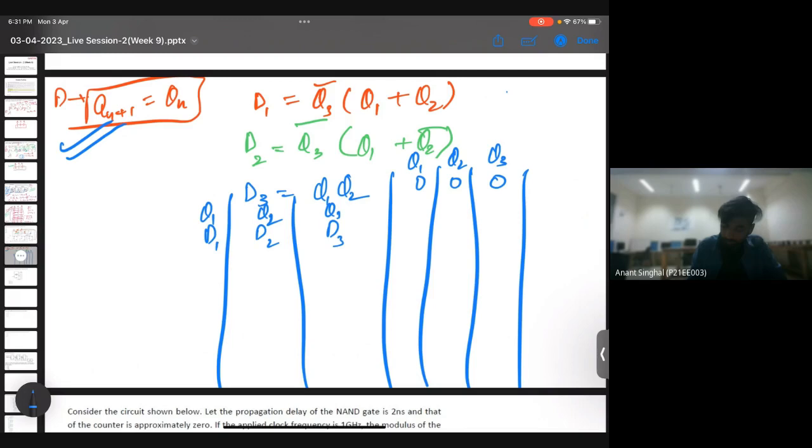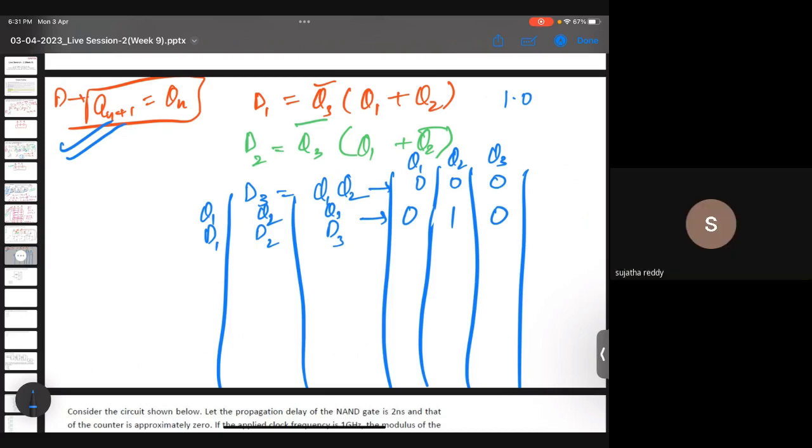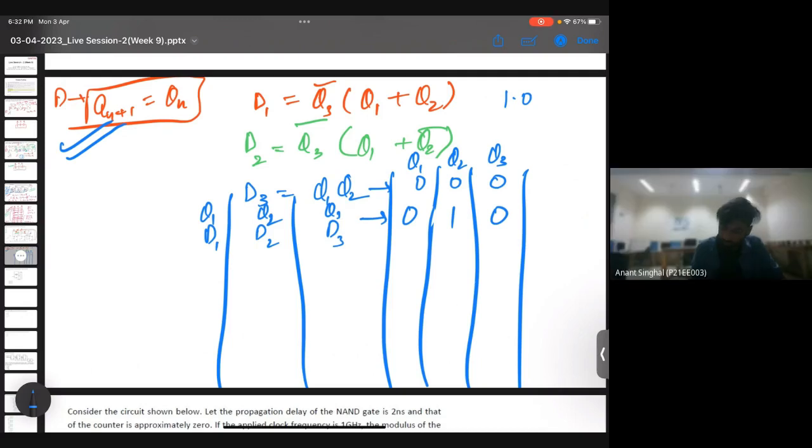Q3 bar will be 1 into 0. So D1 will be 0. So it will make Q1 as 0, and then D2 will be Q3 bar 1 into 1, and then D3 is Q1 Q2, which is 0. Is it fine, this step? Okay. So now we'll similarly proceed for the other step. So Q3, this will be 1, and since Q1 is 0 and Q2, so it will be 0, and D3 is Q1 Q2.